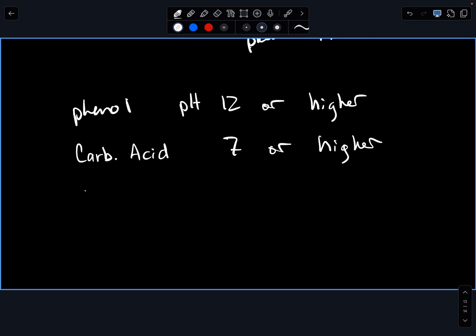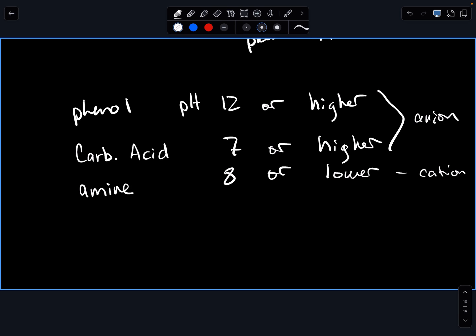And if it's an amine, you want pH, I'd say 8 or 7 or lower. And this is going to become a cation. And these two will become anions at those pH values.